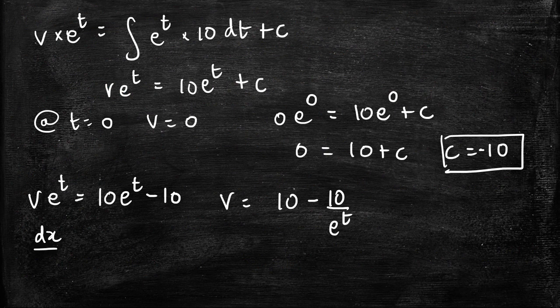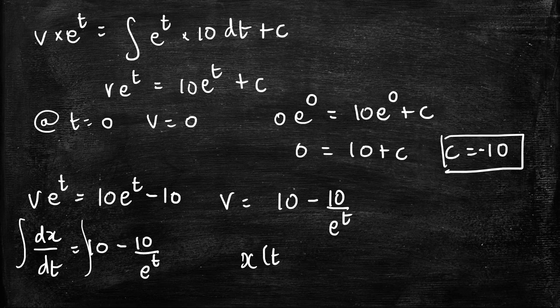So this will be dx by dt equal to 10 minus 10 by e power t. So again, now I'm going to integrate everything. So I'm going to get x of t is equal to 10t plus 10 by e power t plus c.